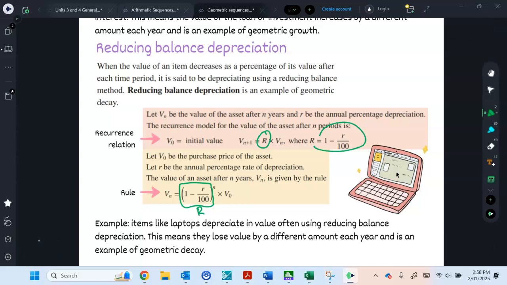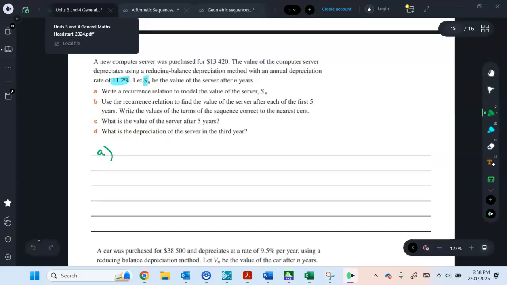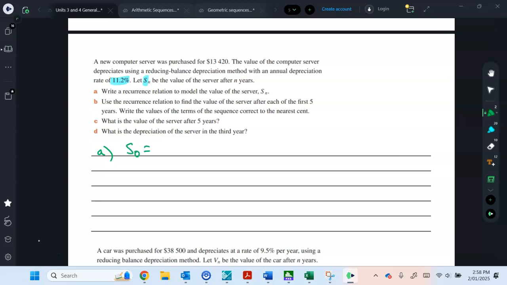So R is equal to 1 minus R over 100. So got our initial value and then our value of R. So remember it's S0, our starting value was 13,420.